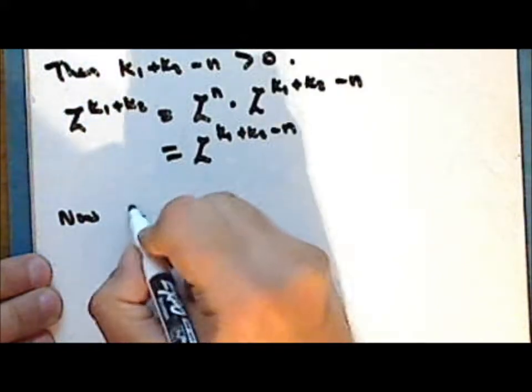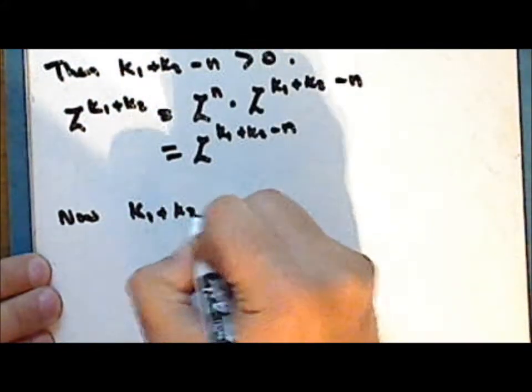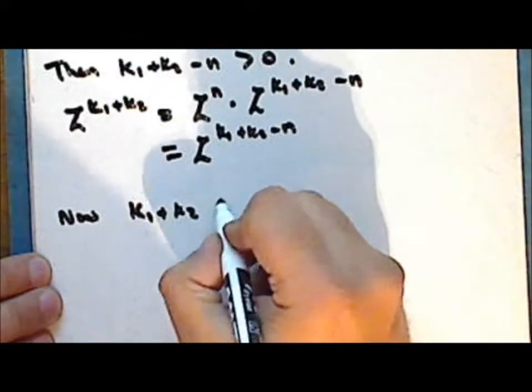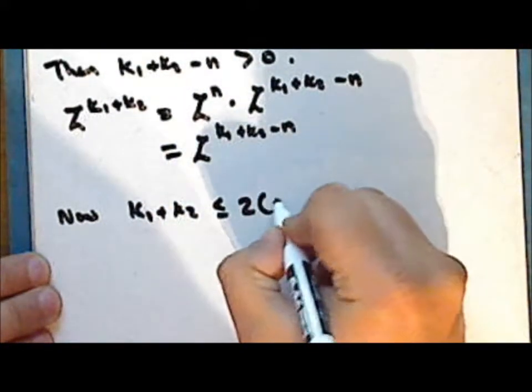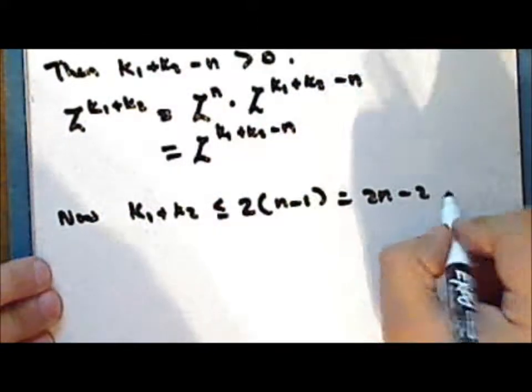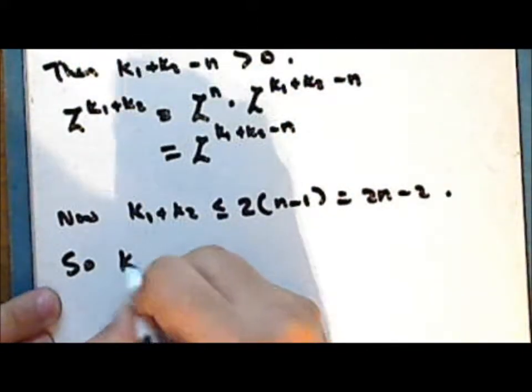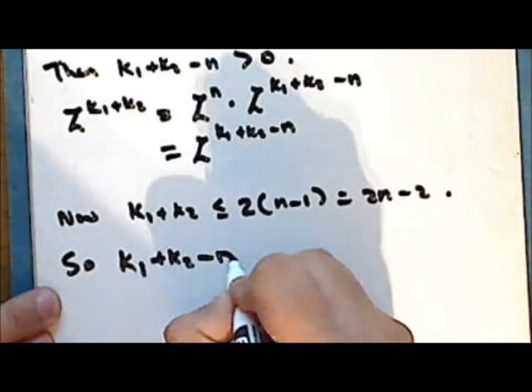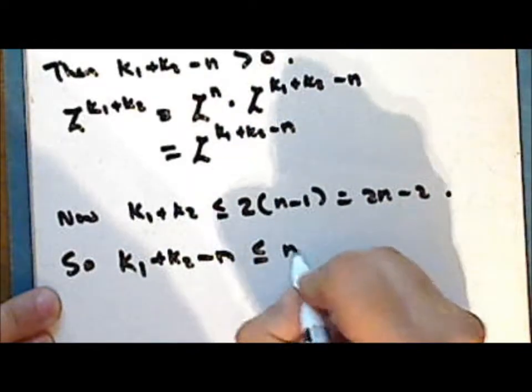Now, the sum k1 plus k2 can be at most twice the largest possible value, which is twice n minus 1, which is 2n minus 2. And so the sum k1 plus k2 minus n is less than or equal to n minus 2.